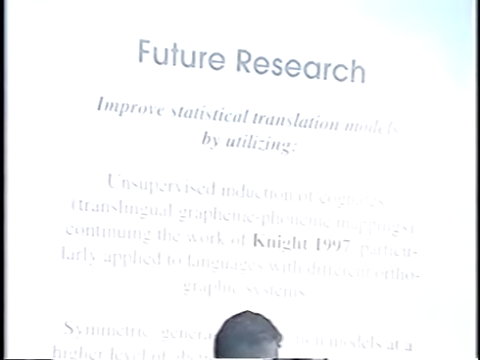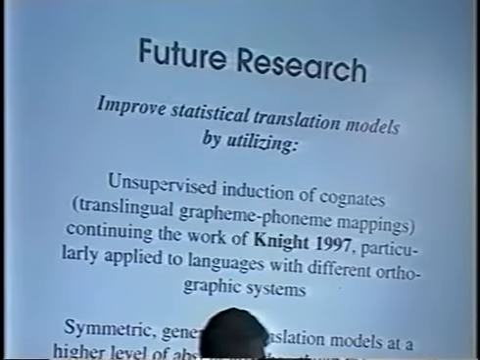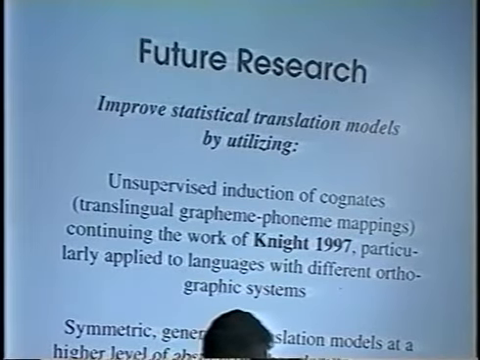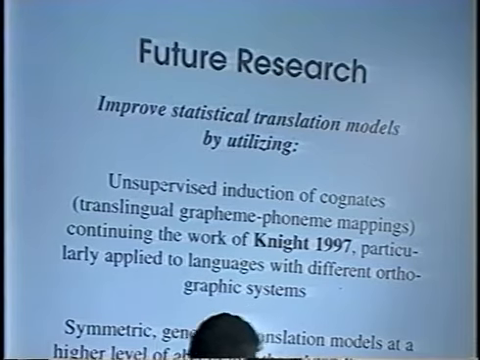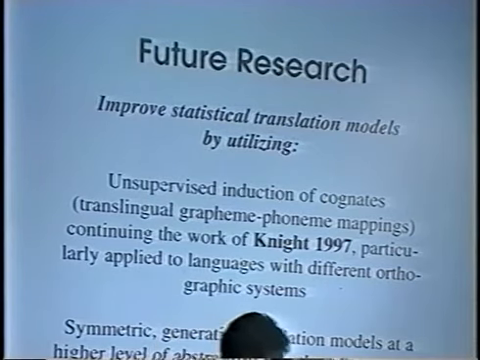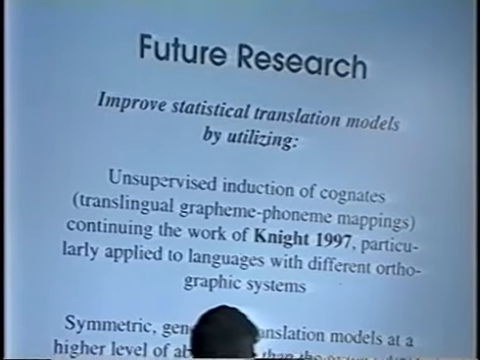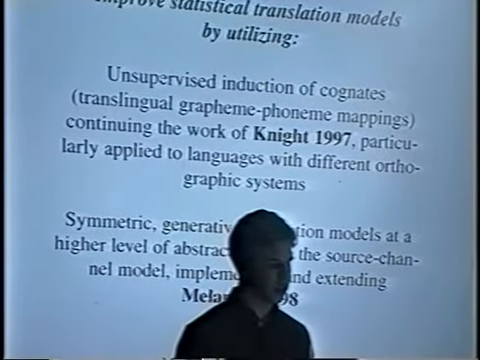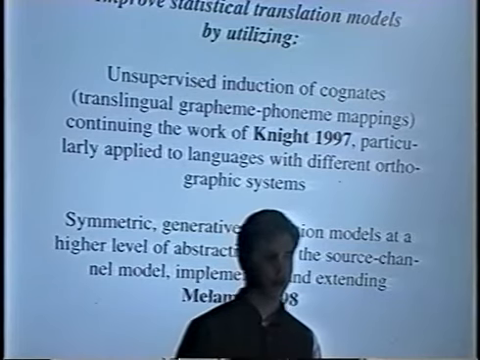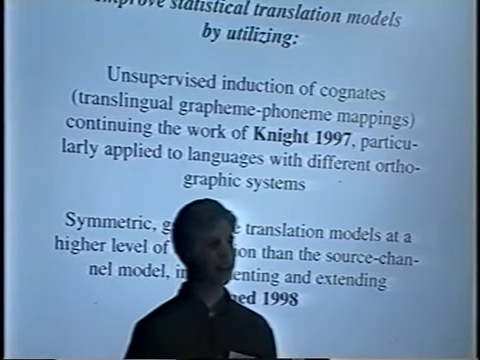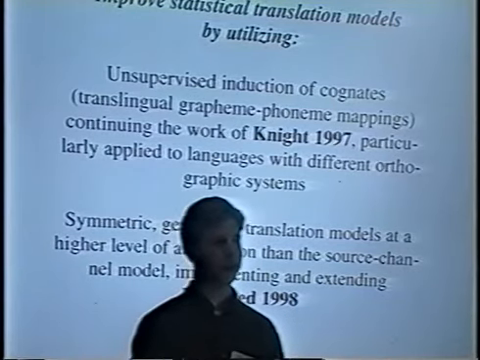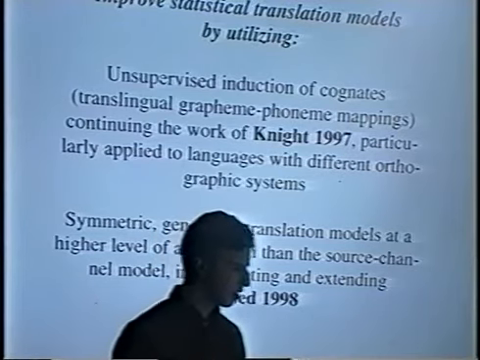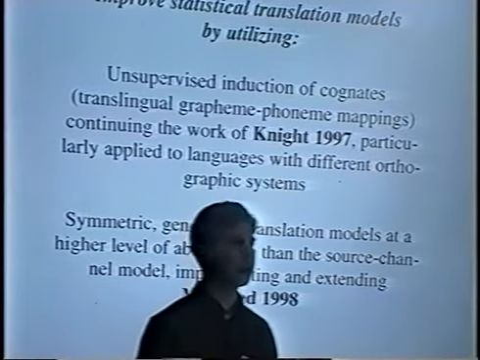First of all, we'd like to explore unsupervised induction of cognates, specifically translingual grapheme-phoneme mappings, continuing the work of Knight, 1997, and we'd like to focus on languages with different orthographic systems, for example, Japanese and English, or Hindi and English.